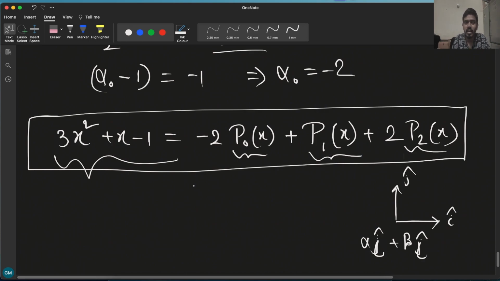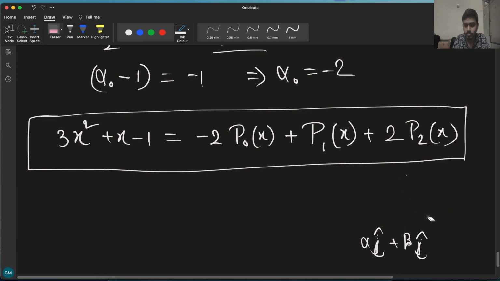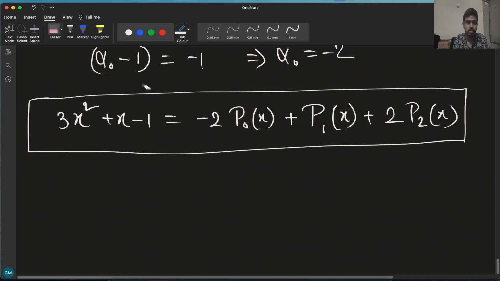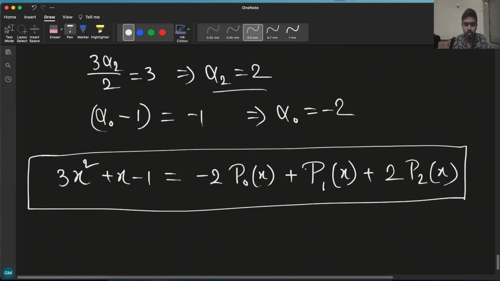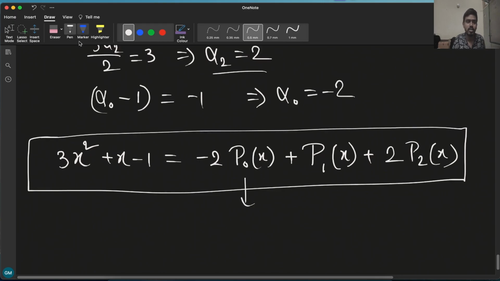So start thinking in terms of that language. It will be very helpful for the next class. There is no sense of directionality here, so don't try to think in terms of directions. These are functions. P0(x), P1(x), they are just functions.